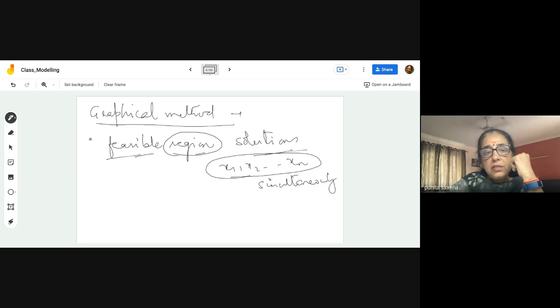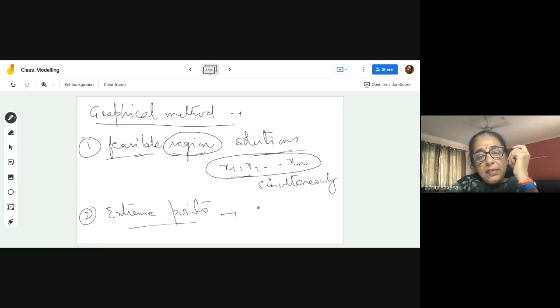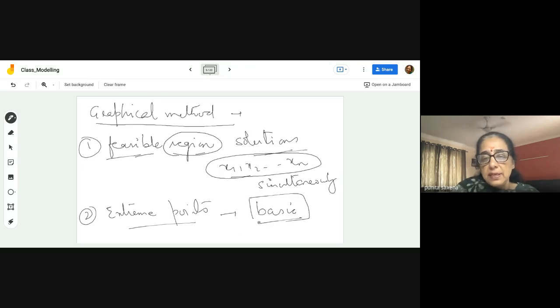This is the first thing that we identified. The second thing that we identified were the extreme points of the feasible region. And I said these points are actually your basic solutions. Why we call them basic, you will now understand. So this is going to be my next step: identify the extreme points.